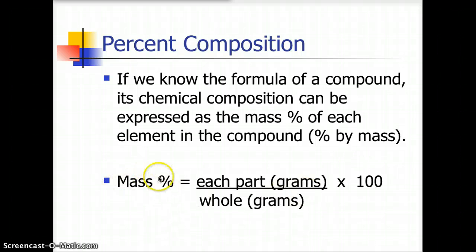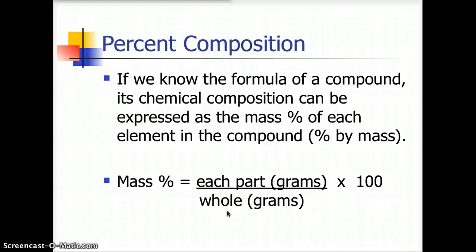So to find the mass percent of a particular element, we are going to take the part of the compound that is a particular element, and we're going to divide it by the mass of the whole thing. So again, when you think about percentage, 30% off, it's 30 out of the full price. Okay, so what is the part out of the whole?